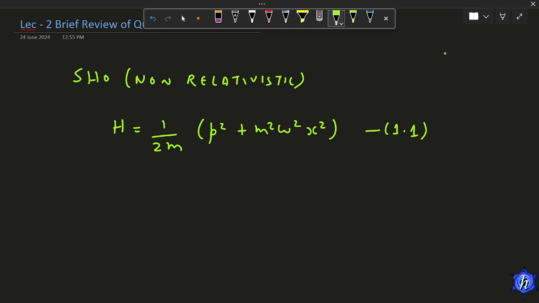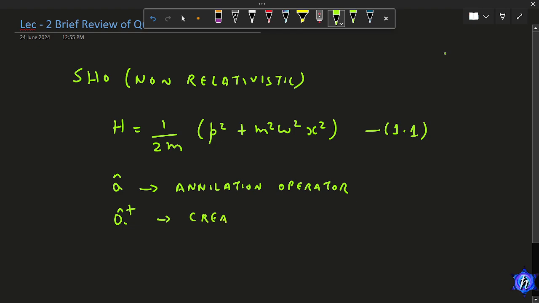So now let's represent a cap to be the annihilation operator and a cap dagger to be the creation operator.